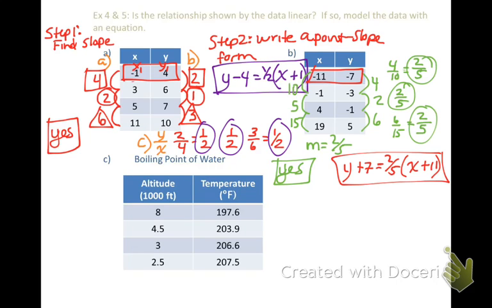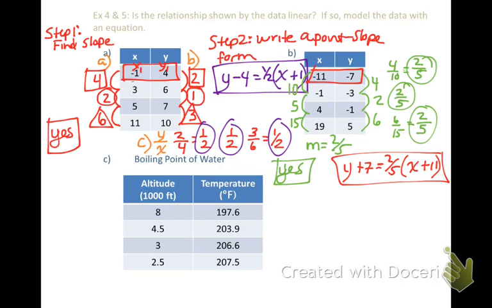Alright, so I did the B and the differences. I found out the differences are 10, 5, and 15 on the x side, and the y side would be 4, 2, and 6. And when I did the fractions, 4/10 equals 2/5, 2/5 equals 2/5, and 6/15 equals 2/5.